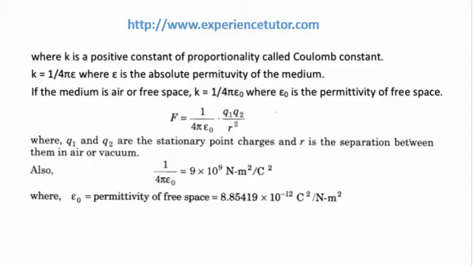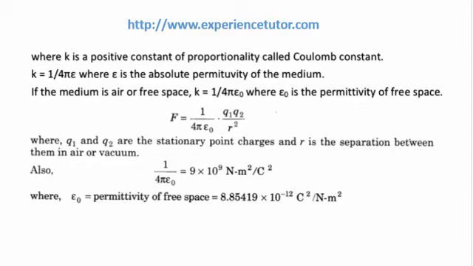Where K is a positive constant of proportionality called Coulomb constant. K is equal to 1 by 4 pi epsilon, where epsilon is the absolute permittivity of the medium. If the medium is air or free space, K is equal to 1 by 4 pi epsilon naught, where epsilon naught is the permittivity of free space.